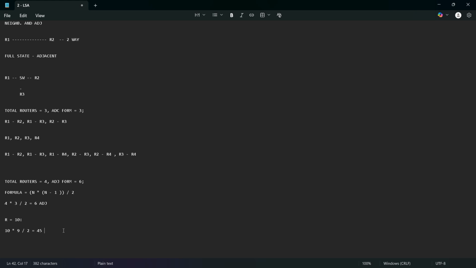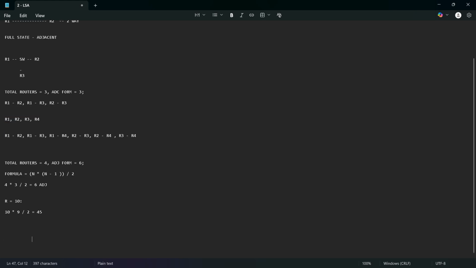So I don't want it to happen this way. We have another way where not all routers make adjacency with each other. So what is that way? We'll discuss it later. If I want to give you an example of how it will look, here we have R1 connected to R2, and then we have R3 connected to R4, right?